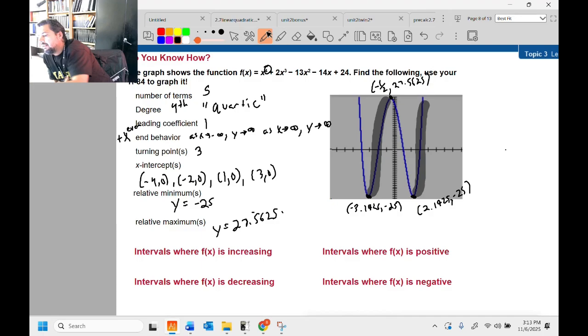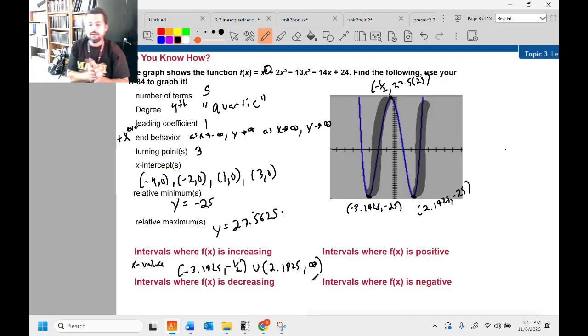So, the hard part about these is the x values is what we're after. I am increasing from negative 3.1925 all the way to negative 1/2. And also from 2.1925 as I move right towards infinity. I'm talking about x values. Good stuff there.